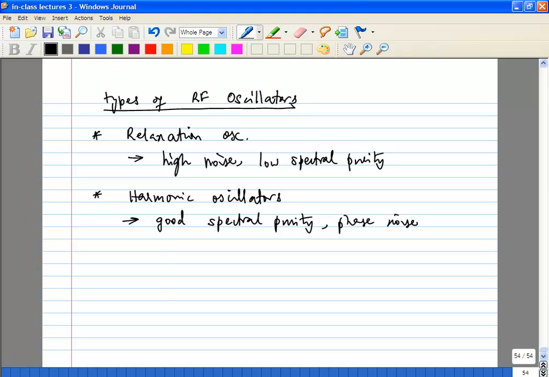So they depend on some kind of charging and discharging cycle. Let me see if I remember something like this. This is a very simple example, but basically this is a positive feedback circuit.